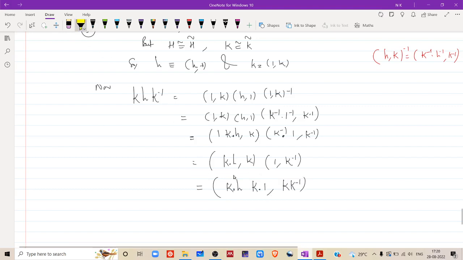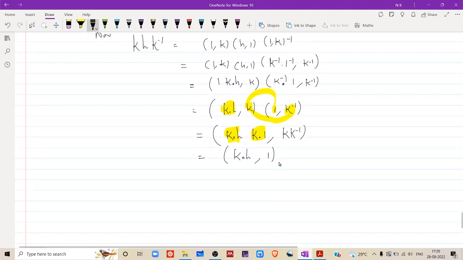As I'm telling you, first element as it is, then act this element on this element, so k dot 1, and the product of second elements, so k into k inverse. What is that equal to now? That is (k dot h, 1). You can identify this as an element of H because the second coordinate is 1.